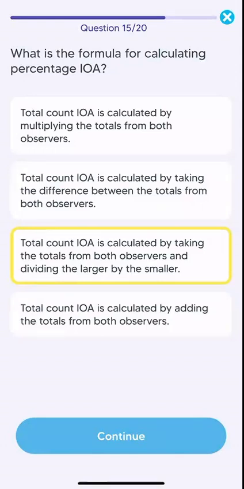In maths, what is the answer? Total count is calculated by multiplying the totals from both. No, not by multiplying.